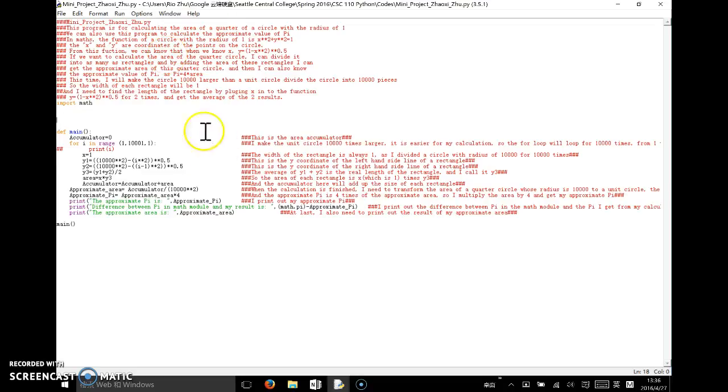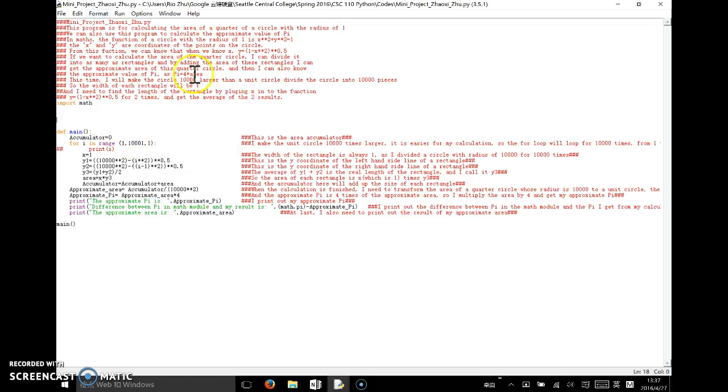But in my program, I will first calculate a bigger circle with the radius of 10,000. It is easier for me to calculate, and then I will divide the result by 10,000 times 10,000. Then I will get the approximate area of the quarter unit circle.